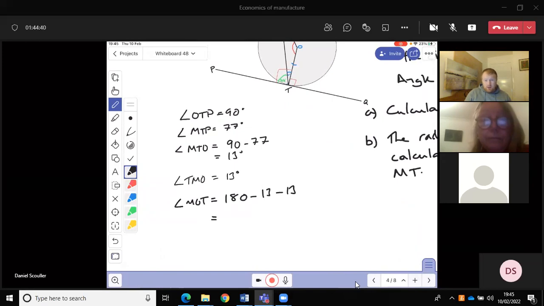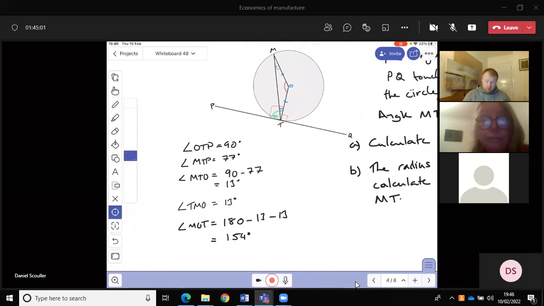Okay, so angle MOT would be 180, which is the total degrees for a triangle, minus the 13 degrees that we know both sides. Minus 13 minus 13 will give us 154 degrees. Angle MOT, starting at M, O in the middle, T at the end. MOT 180 minus 13 minus 13, 154 degrees.